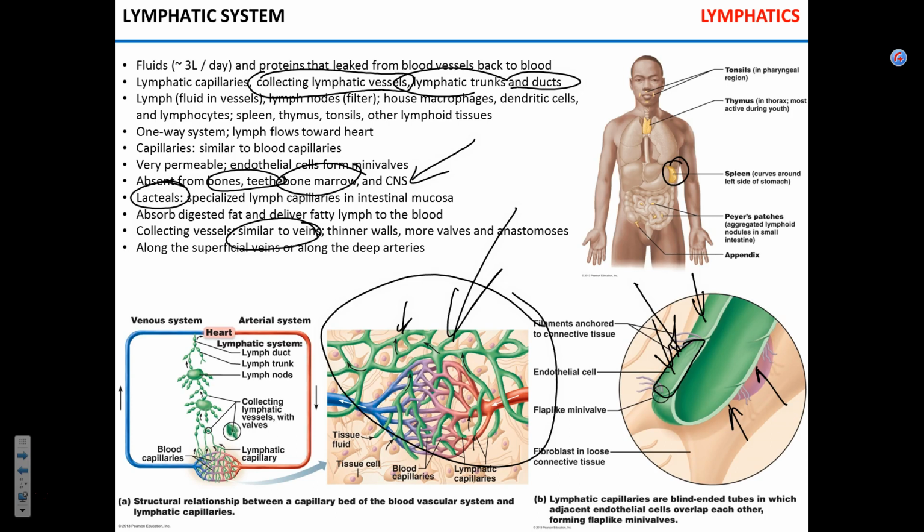When arteries pulsate, they basically squeeze the lymphatic vessels and push the lymph up. Now, along with the big organs like spleen or lymph nodes, there are other organs of the lymphatic system which we should mention. Thymus, talked about it, produces T cells, right? Matures, not produces. That's where T cells mature.